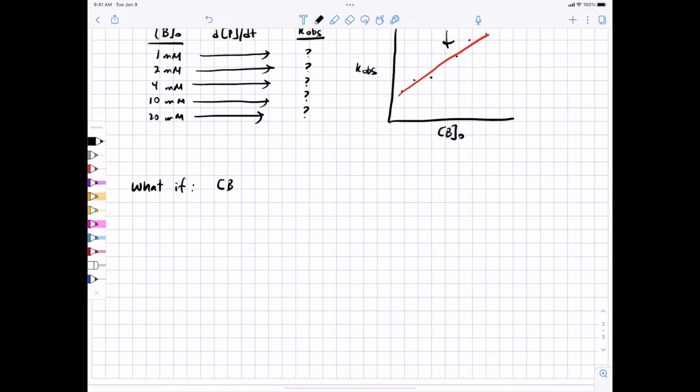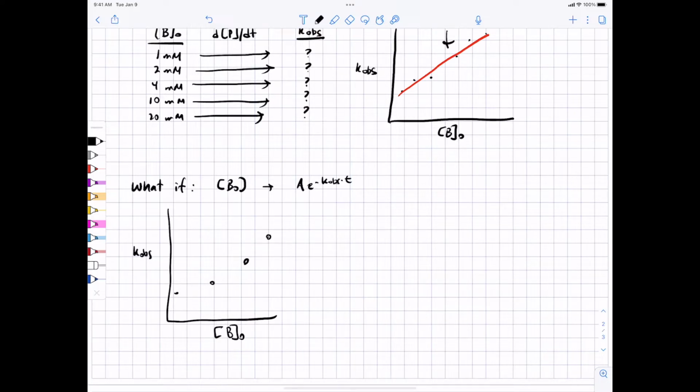I keep B constant and I do the fitting of A equals A naught e to the minus k obs times t, and then I plot k obs versus concentration of B.